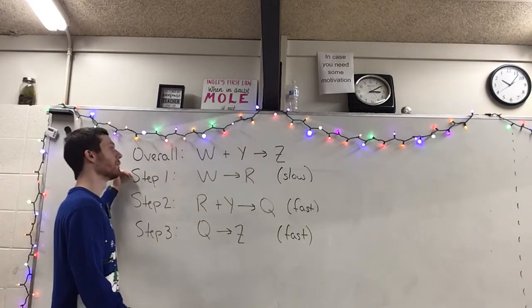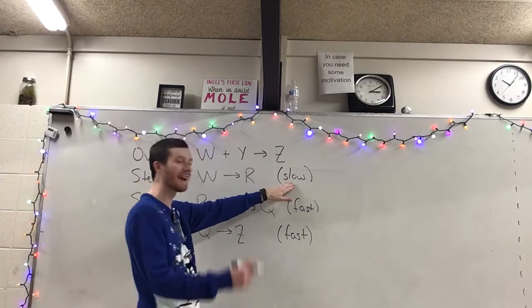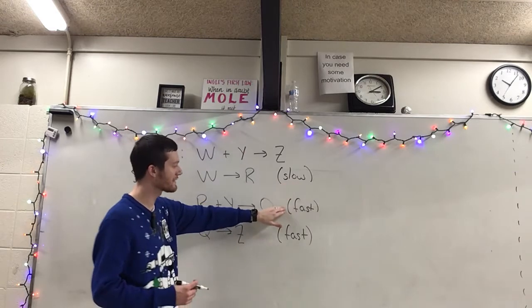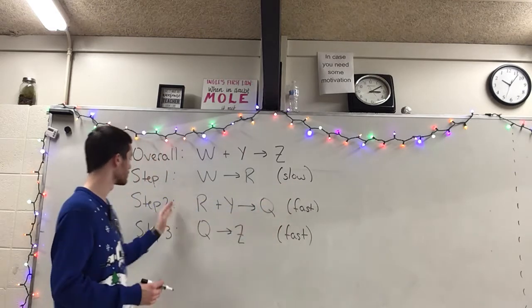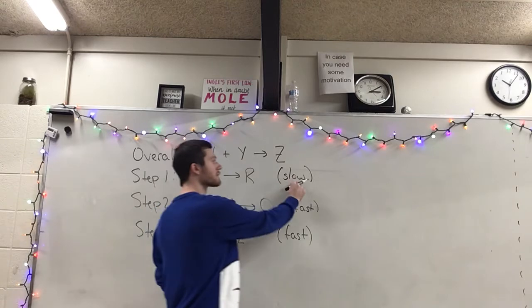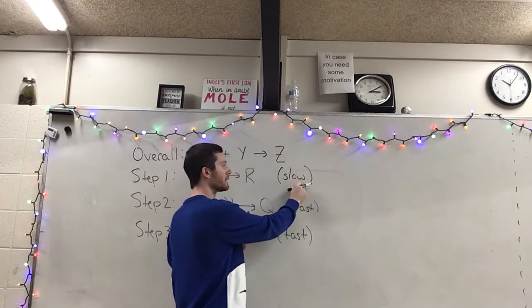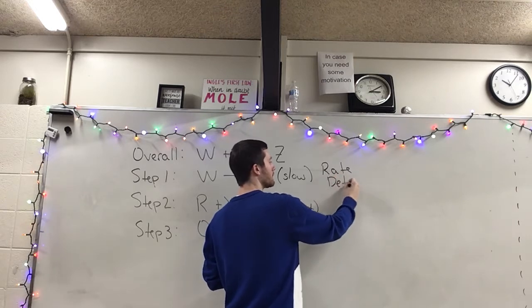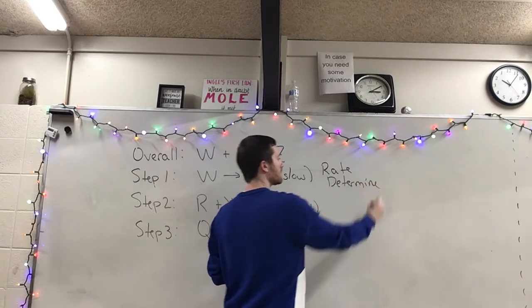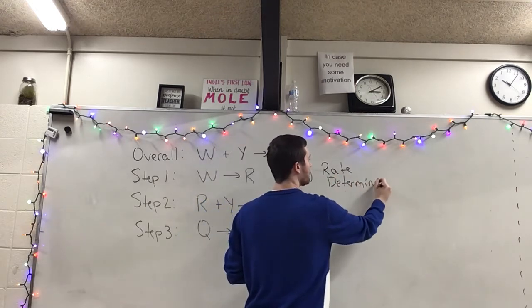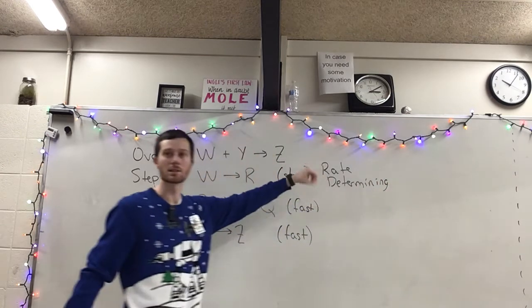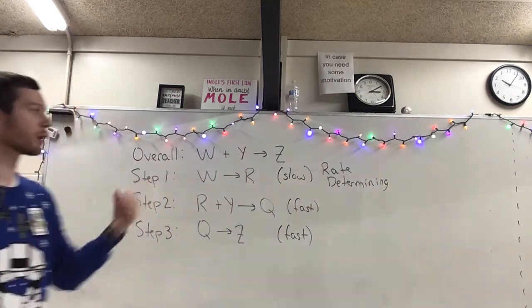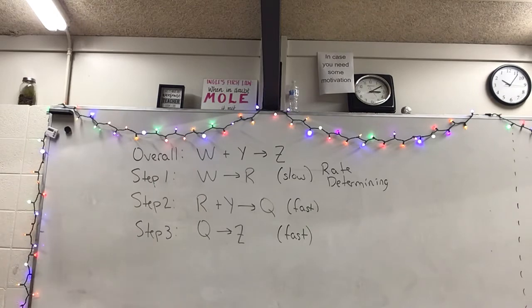So since step 1 is our slow reaction of this mechanism, we don't care about the speeds of step 2 or step 3. This slow reaction is what's called the rate determining reaction. Since it is the slow one, it determines the rate for the entire reaction.